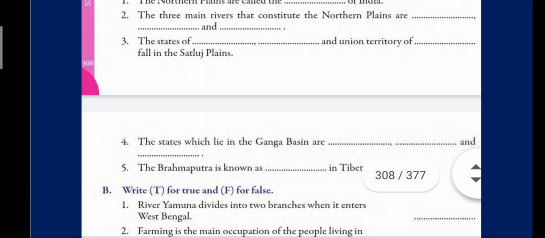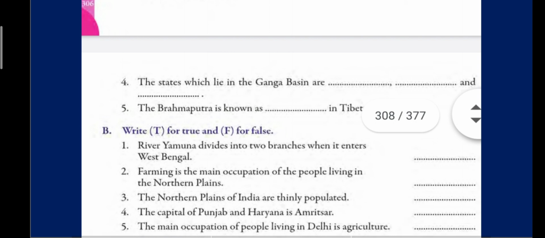Now we will do true and false. Write T for true and F for false. The river Yamuna divides into 2 branches when it enters West Bengal. The answer will be false. Second, farming is the main occupation of the people living in the northern plains.